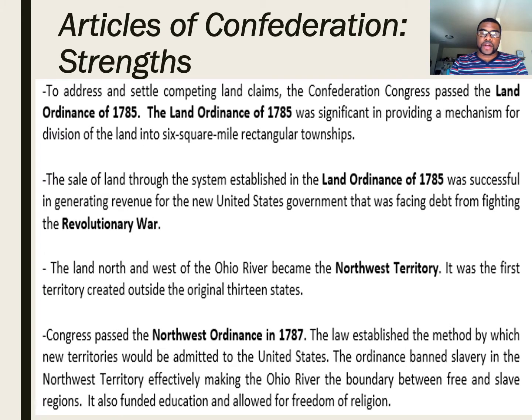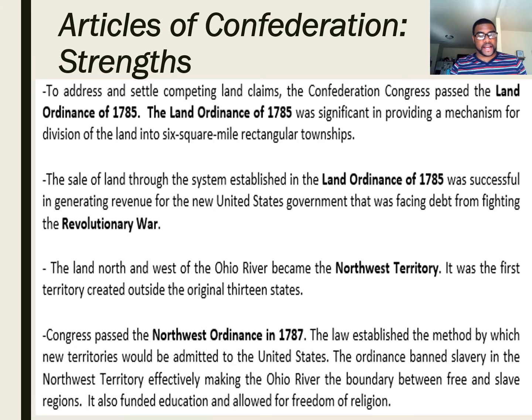The Articles of Confederation strengths. Their strengths were to address and settle competing land claims. The Confederation Congress passed the Land Ordinance of 1785. The Land Ordinance of 1785 was significant in providing a mechanism for division of the land into 6 square mile rectangular townships.